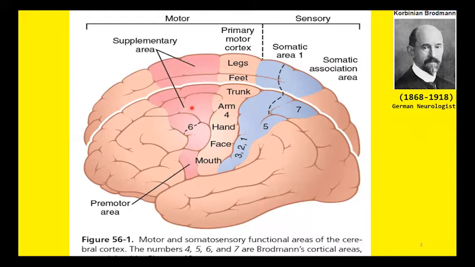So we will discuss the functions of these areas: area 4, primary motor cortex, and area 6, premotor and supplementary motor cortex. Remember, the numbers are placed according to Brodmann's classification, and this classification is on the basis of the histological architecture of the cerebrum. So we will start with Brodmann's area 4, that is the primary motor cortex.